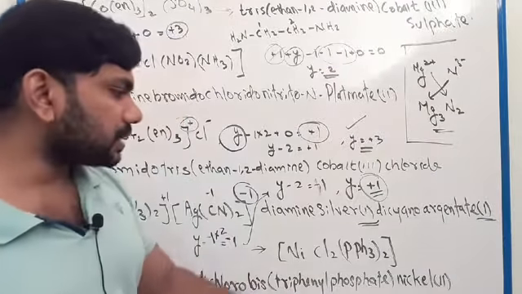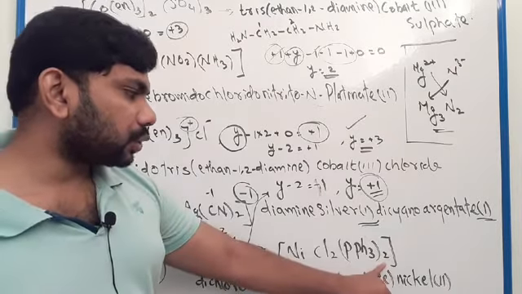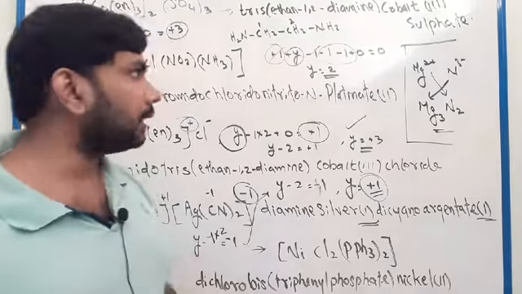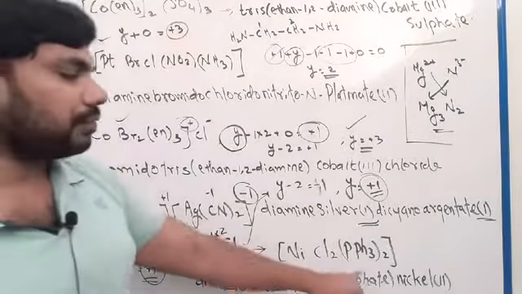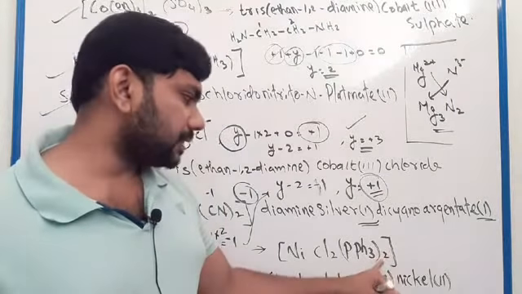We know this is triphenylphosphine. And here, this 2 will represent bis. I told you, for this type of ligand we use the prefix bis.